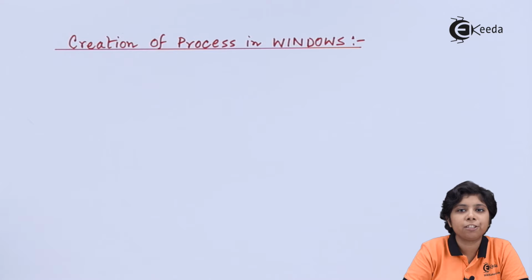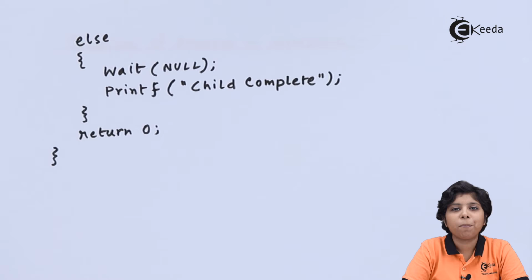So to avoid this, let us see how process creation is done in Windows. Now, before going to the Windows system call, we will see by a diagram how the fork system call creates the waiting call for the parent process.